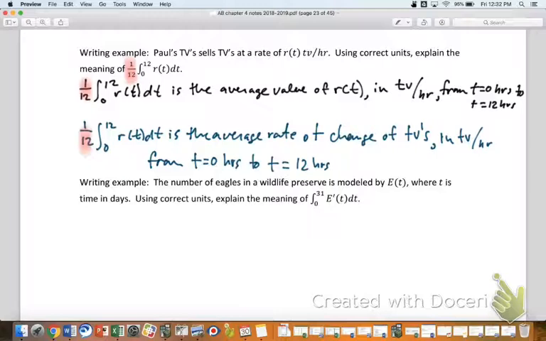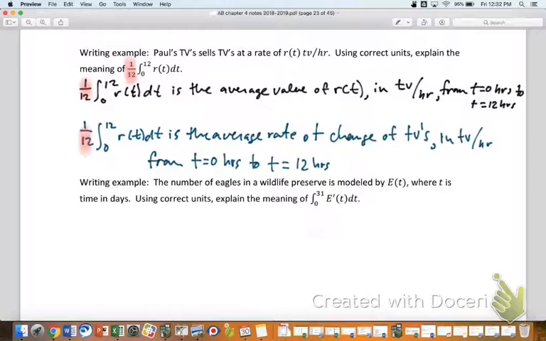So the units would be hours. So wouldn't the units cancel here, giving me just TVs? And so I would add up a bunch of really skinny slices of numbers of TVs. That would give me units of TVs. And wouldn't that indicate that the result is an amount, like maybe a net change, net amount of change?